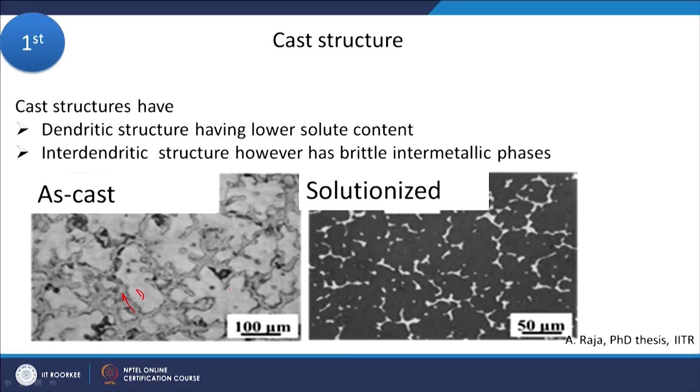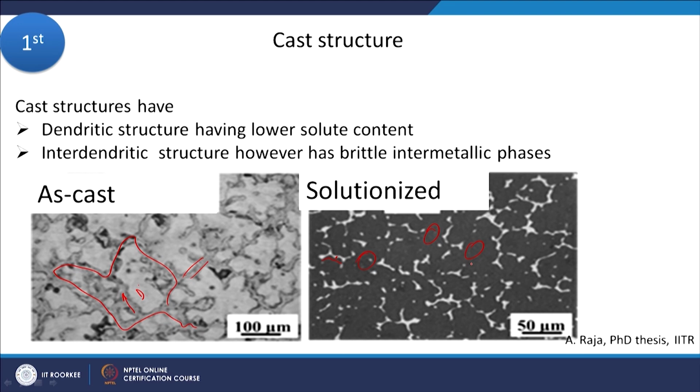And slowly you see that the solute is now diffusing and the thickness of this layer in the solutionized material has reduced considerably. And the continuous network of interdendritic region, as you can see, these are all continuous without any break, that is now breaking. So, you have a lot of places where there is a break in the interdendritic region.